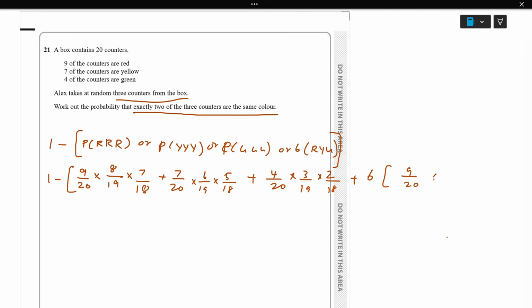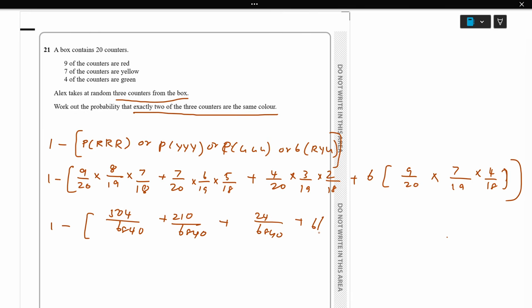Plus next green is 4, so 4 over 20 times 3 over 19 times 2 over 18, plus next 6 variations of red. Red is 9 over 20 times 7 over 19, it can be 3 different colors, so different colors I'm removing here, 4 over 18.